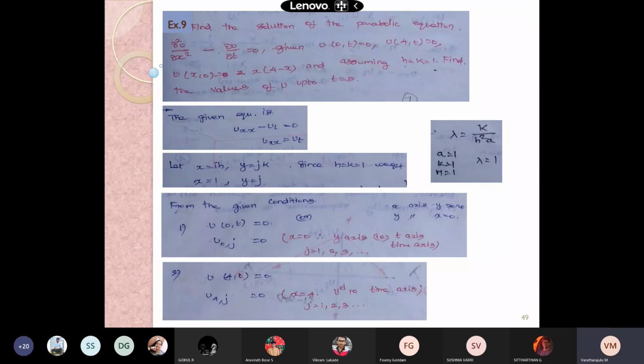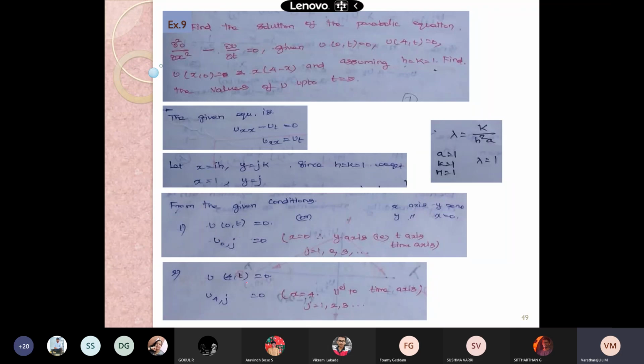We need to draw the various boundaries based on these given conditions. From the given condition number 1, u of 0 comma t is equal to 0. At the x axis y is equal to 0, here we don't have any y, here we have the axis as t. So u of 0 comma j is equal to 0.